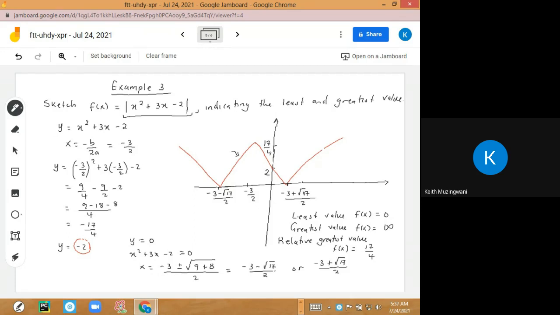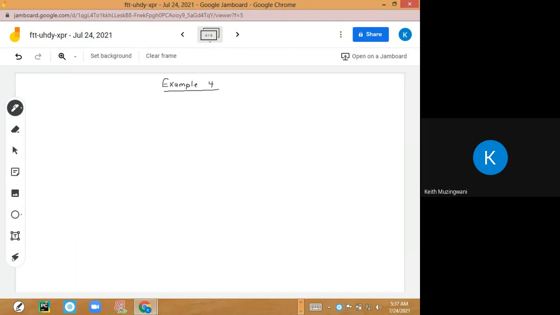Okay. Example 4, sketch f of x is equal to negative modulus of negative x cubed plus x squared plus 5x minus 2.